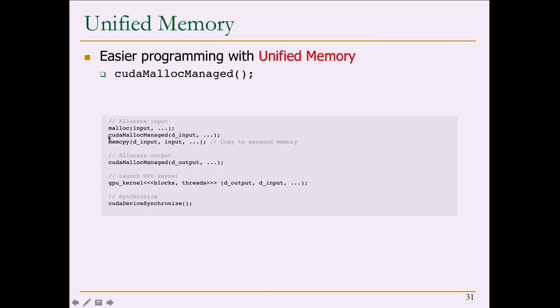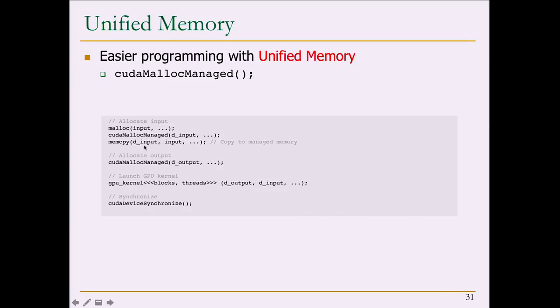We just use CUDA-malloc manage, which allocates memory in unified memory with a single pointer, and this pointer can be used by the CPU threads and by the GPU threads at the same time.